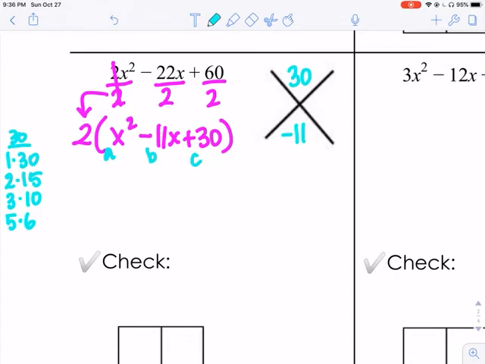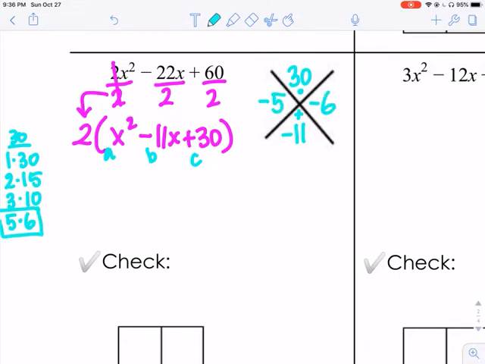And I'm looking for things that add to get 11. Because this is positive and this is negative here, I know that those both have to be negative, because a negative times a negative is a positive, and negative makes a big negative there. I can see that that would be 5 and 6. So put 5 here and 6 there.